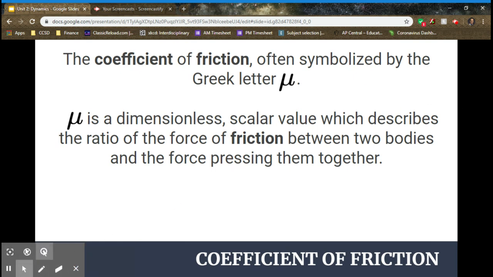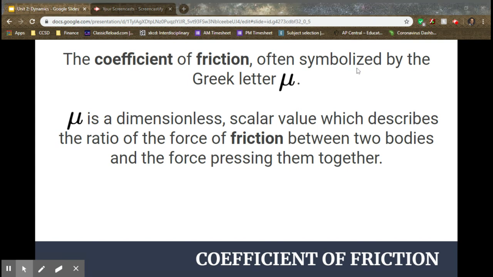Okay, so mu is dimensionless, has no units. It's scalar, direction doesn't matter, and it's just a property of the material. It describes the force of friction between the two bodies. It helps us understand that ratio so that we can get a feel for how intense the friction of the object is going to be.